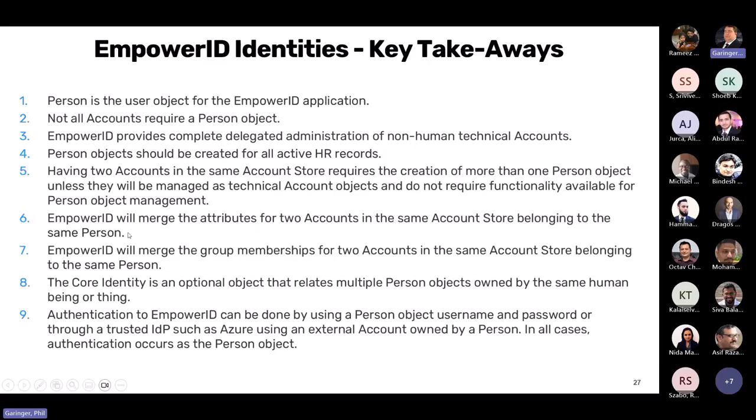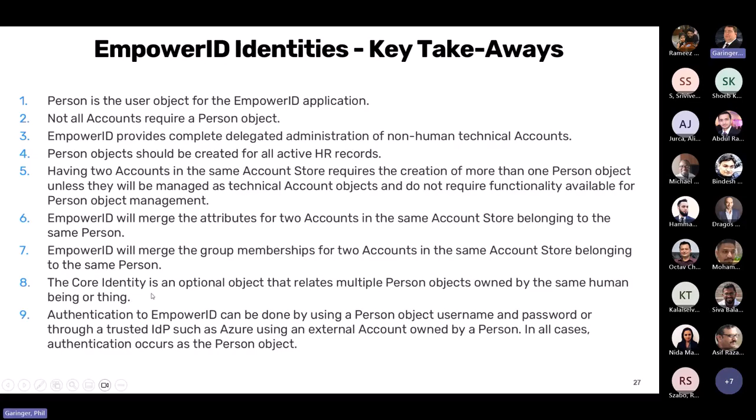If I have two Active Directory accounts joined to the same person, it's going to flow the attributes down and make both of them look exactly the same, right? The same thing goes with the groups, okay? Because remember, it's a security managed assignment of that person to the group. So we're looking at any accounts that are eligible to be in that group that person has. We'll stick them in there.